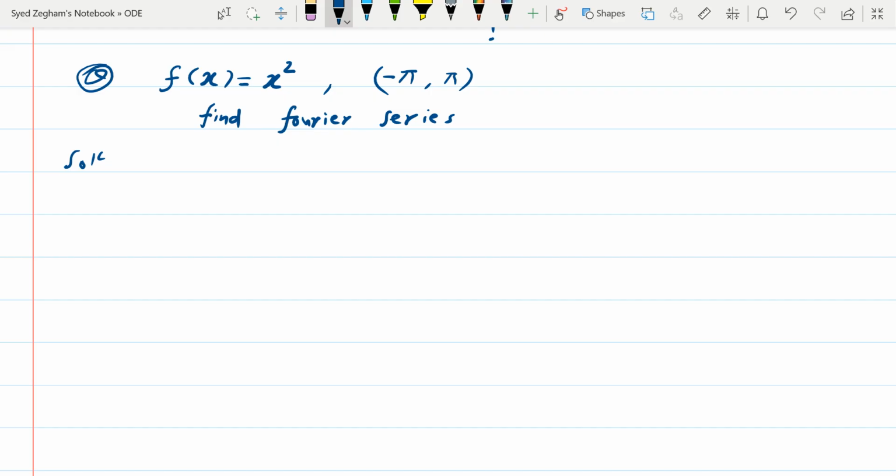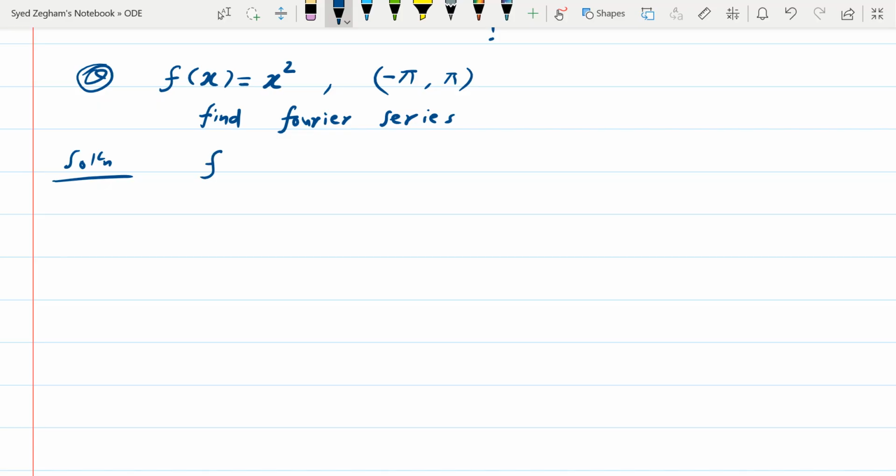Let us take a function f(x) equal to x square, defined from minus pi to plus pi, and the question is to find the Fourier series. Let us start our solution.